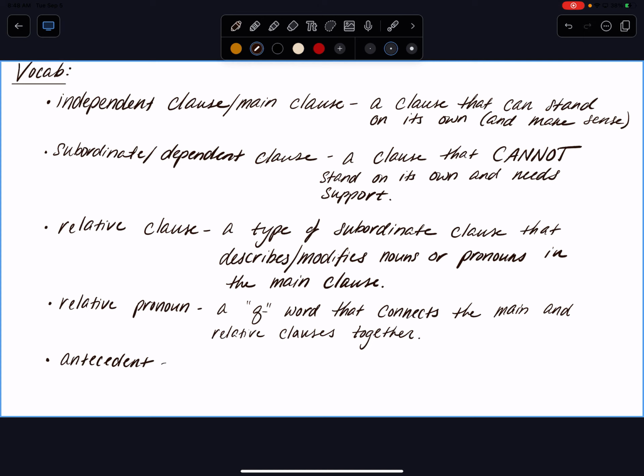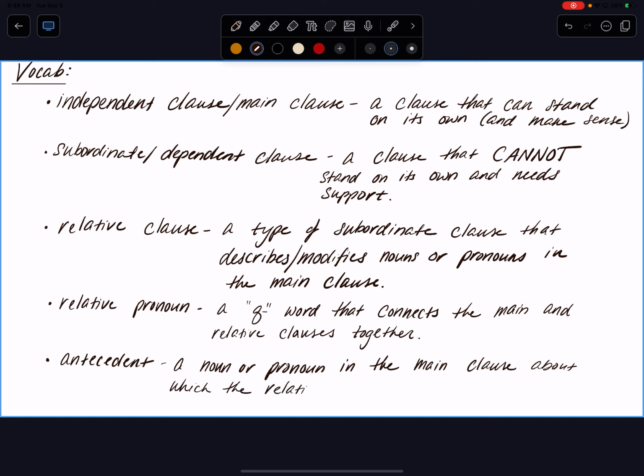So for our definition, let's just say it's a noun or pronoun in the main clause about which the relative clause gives more information.